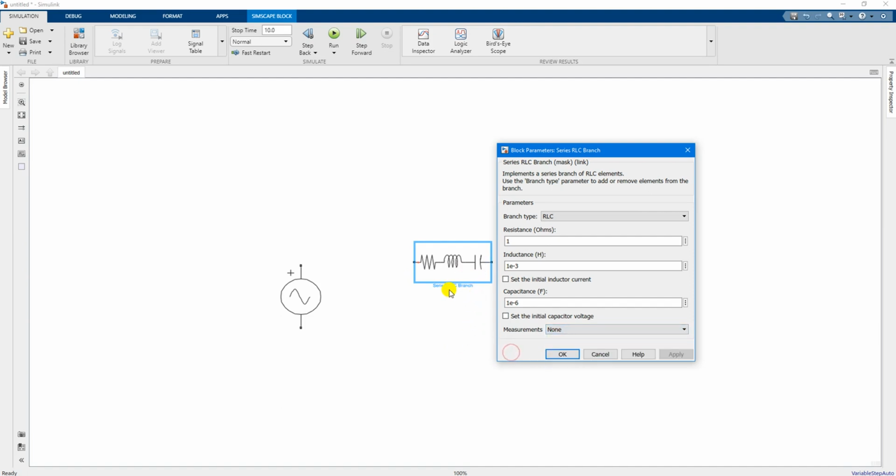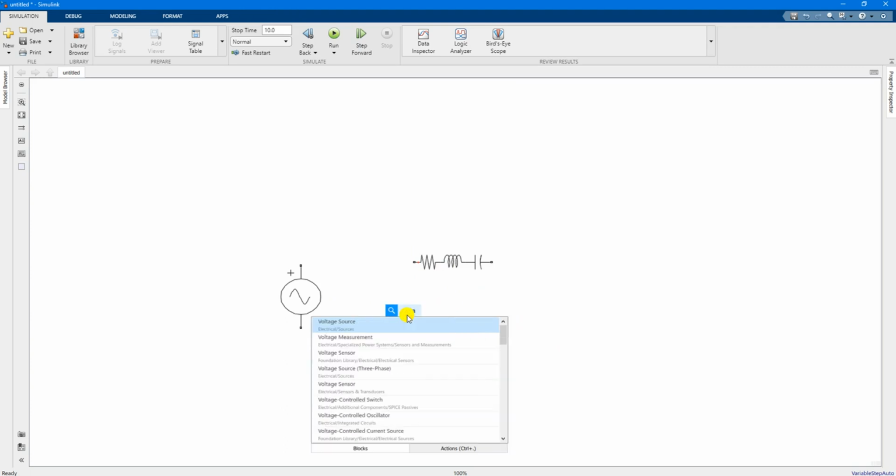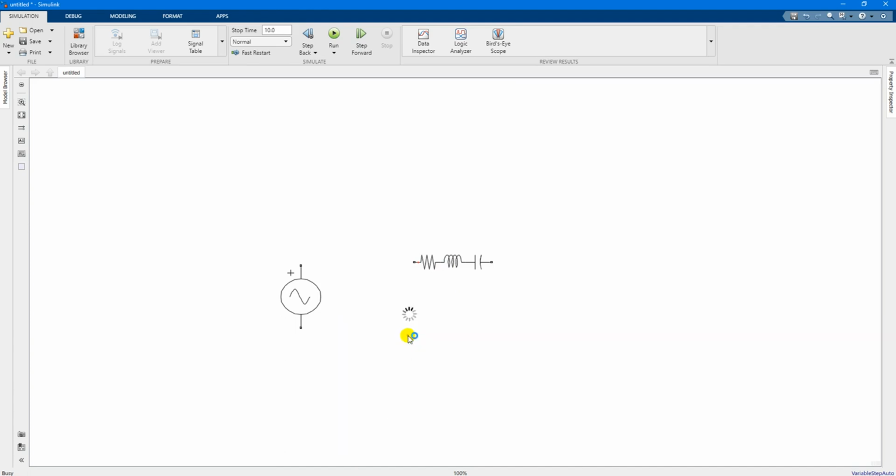So what we are going to do is divide this. As you can see here, it is one block. For example, if I take a voltage measurement and I would like to measure the voltage across the resistor, between this point and the other point here, you can see you can't do this, it is one complete branch.